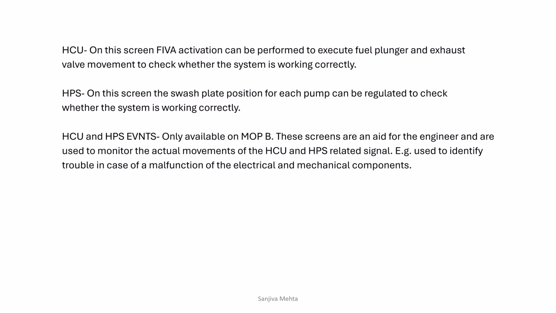For example, they are used to identify trouble in case of malfunction of electrical and mechanical components. If you doubt what is happening, you compare the value at present with the value in the past of the HCU event or HPS event saved on the system. So these are your past events.